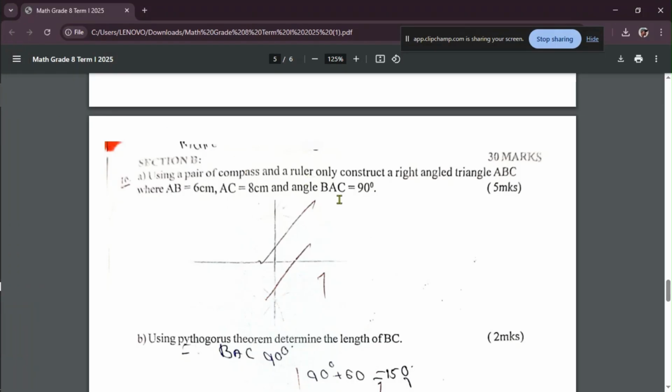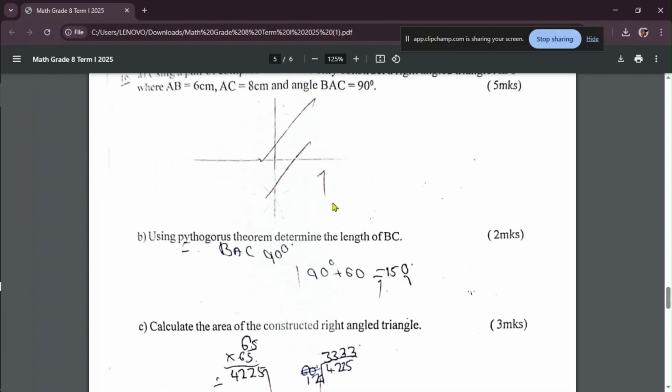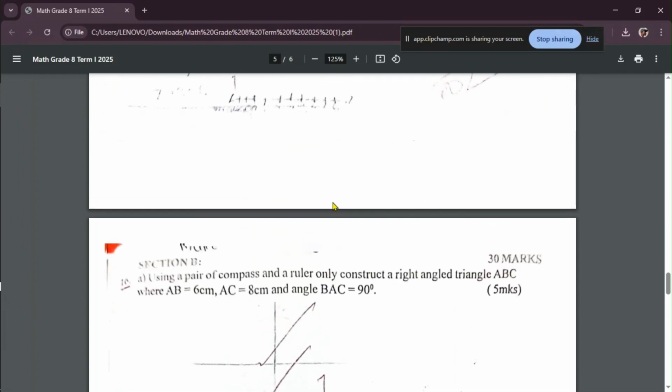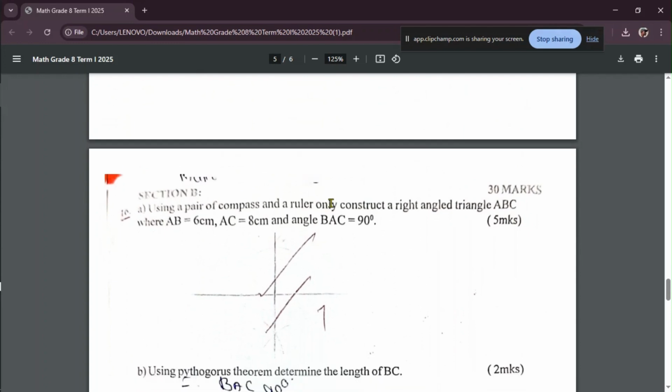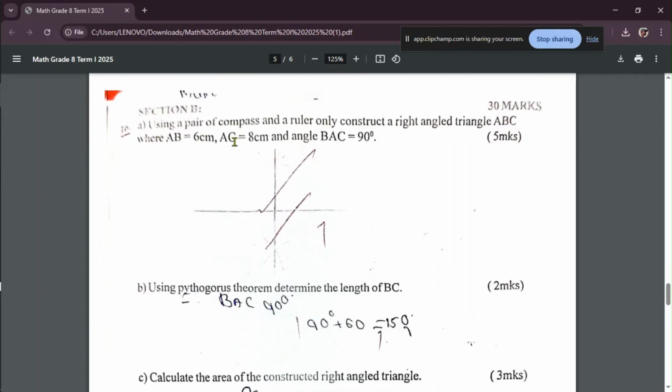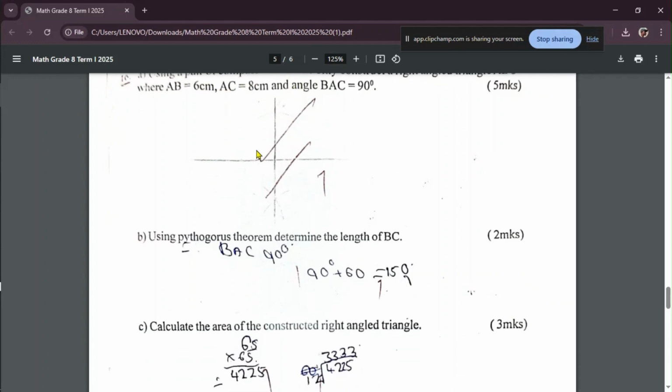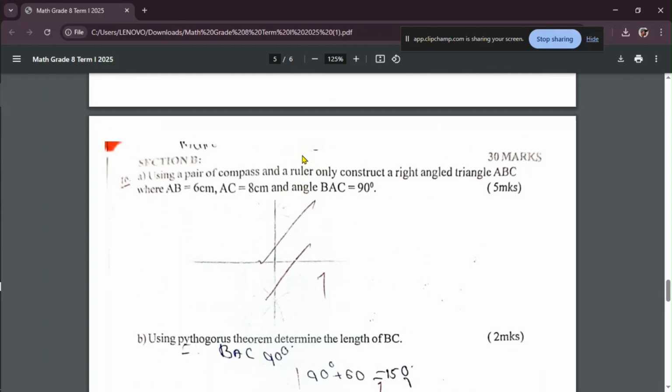Mathematics grade 8. In our previous class, we did a lot on this paper. Today I want us to look at this question. Apart from specifically looking at this question, I want us to learn something on construction.